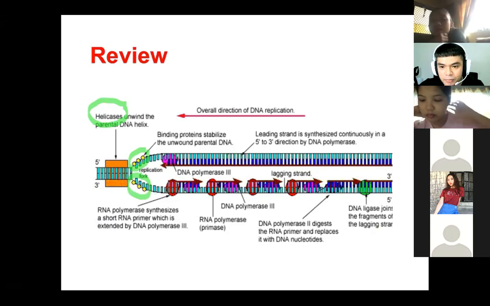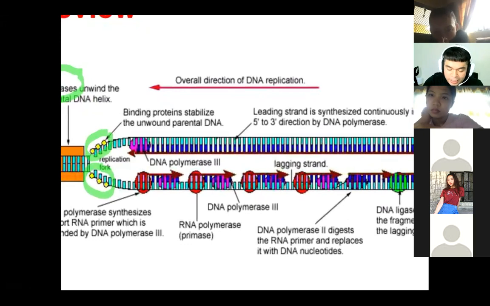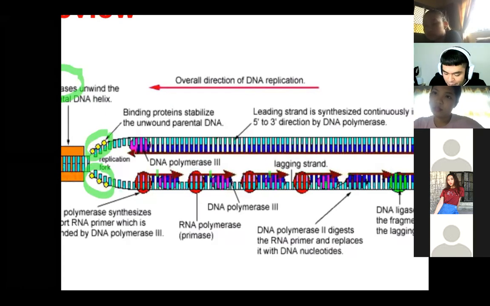Actually hindi kompleto yun nasa figure, pero medyo kita naman siya. Halimbawa, etong nasa baba, yung putol-putol, this is the lagging strand. Okazaki fragments. Pag Okazaki, palapit o palayo ng fork? Palayo. Very good. Putol-putol siya. And then, may primase tayo.